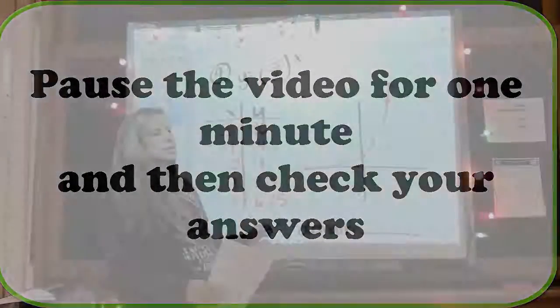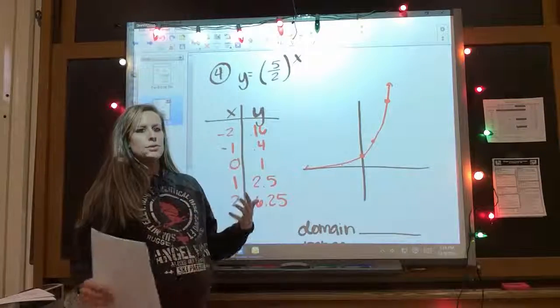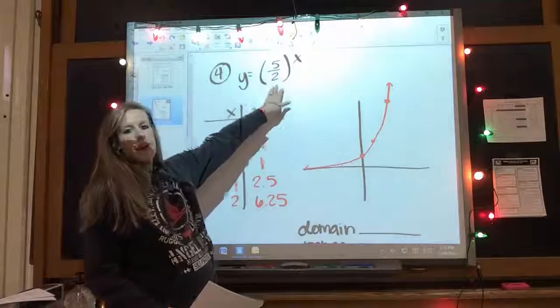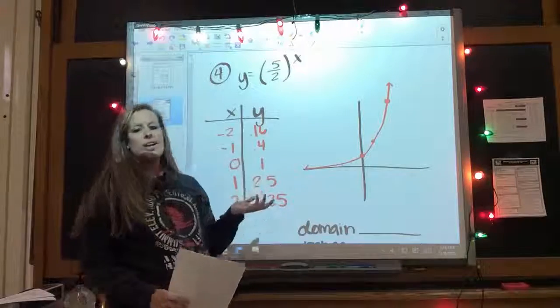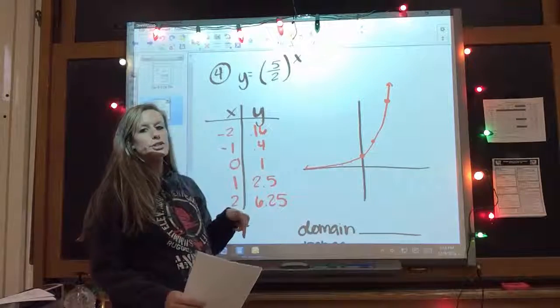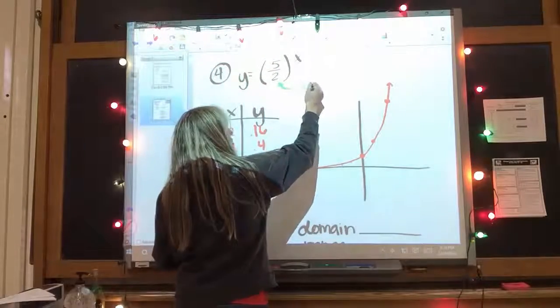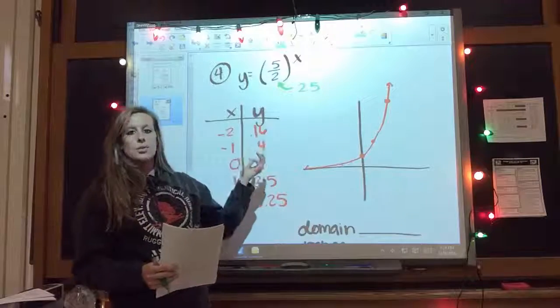Okay, so in this one, you should have gotten exponential growth. And a lot of people are confused about why it's growth and not decay whenever you have a fraction here. And you have to think about what that fraction is. 5 over 2 is actually the same thing as 2.5. So is your base greater than 1?